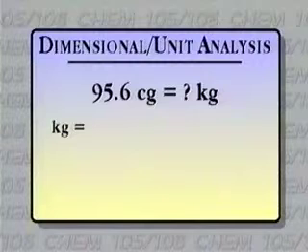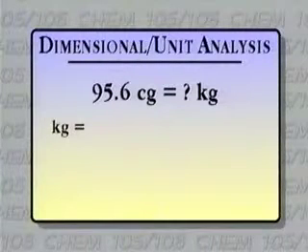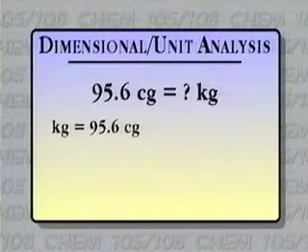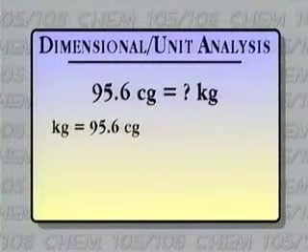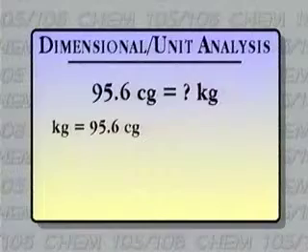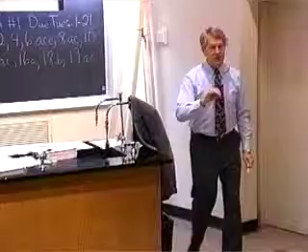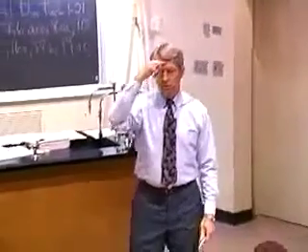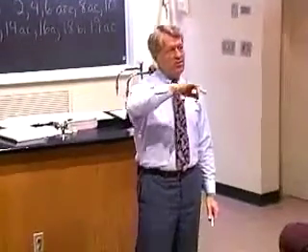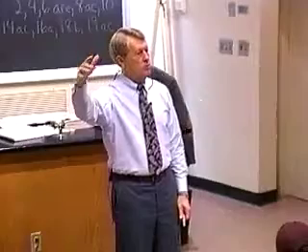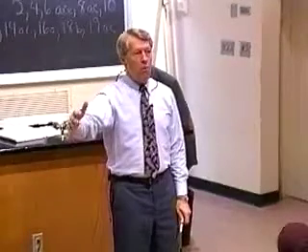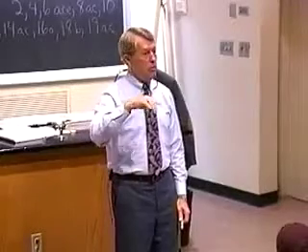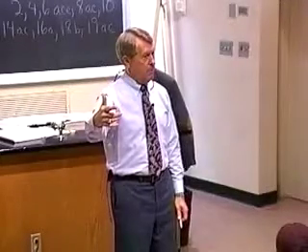That's my unknown. And what is my measured quantity? 95.6 centigrams. Now, I'm going to need to find some conversion factors. In this case, we're looking in the metric system. So I need to find some conversion factor that will allow me to change from centigrams to kilograms. Well, maybe I don't have directly one conversion factor that will do it. We may have to put in a couple.